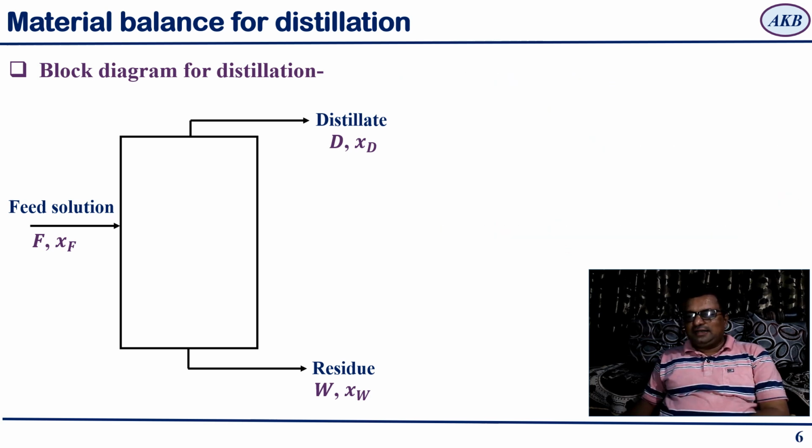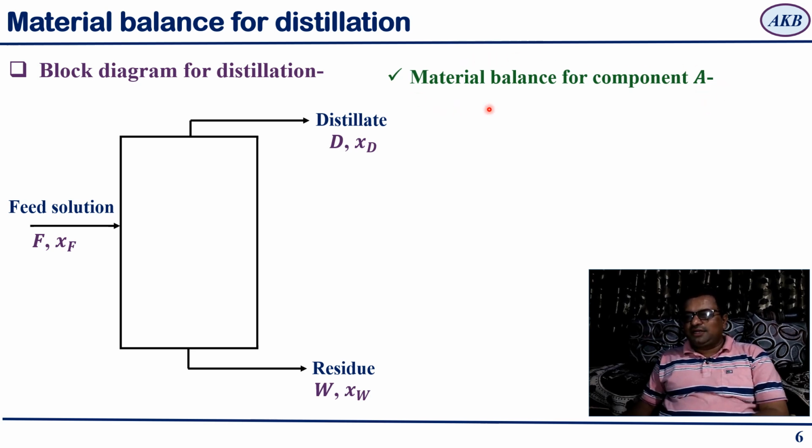Then after that, let us discuss the material balance for component A. This is the component material balance, where we are going to write the material balance for the more volatile component, and in this case, A is the more volatile component. So how is this written?